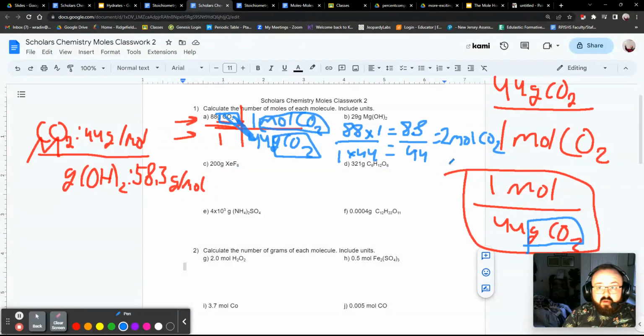I want you to get away from thinking that if you do this, you have to divide, and if you do this, you have to multiply. I don't want you to get into that habit, because when we start doing other unit conversions this year, you're going to need to keep track of these units.